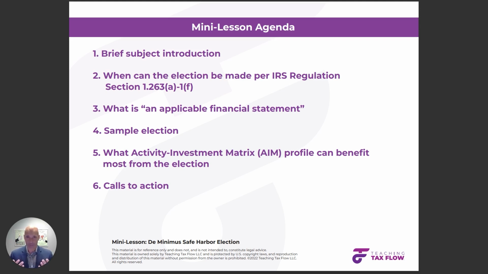We're going to give you a sample election so you have that takeaway for tax preparation if you're trying to prepare your own return or if you're using another tax professional. Of course, we're going to look at our TTF AIM activity investment matrix profile to see who would benefit from this type of election. Finally, we're going to have some calls to action.